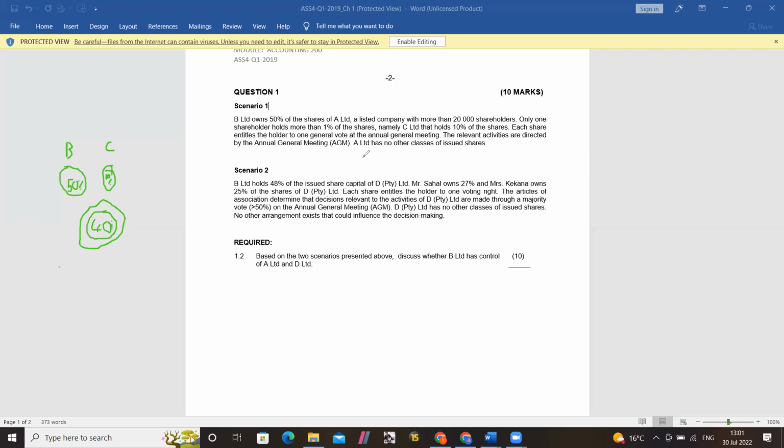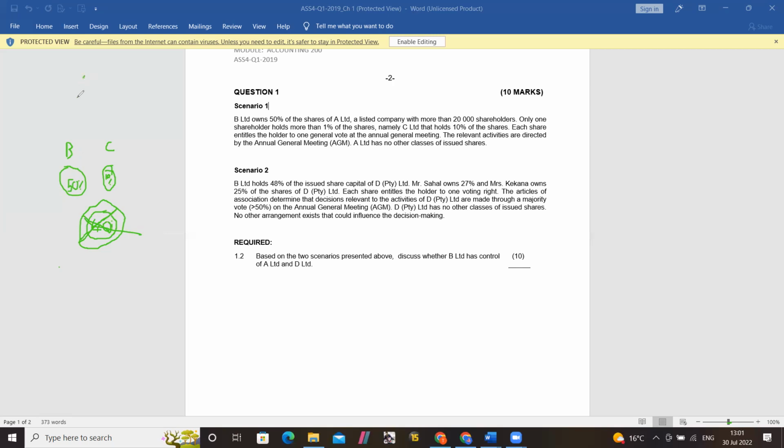It means that the only people attending this meeting every time are going to be B and C, because this 40% does not have decision making power. No influence. That's why they say degree of influence. It has no influence in decision making.